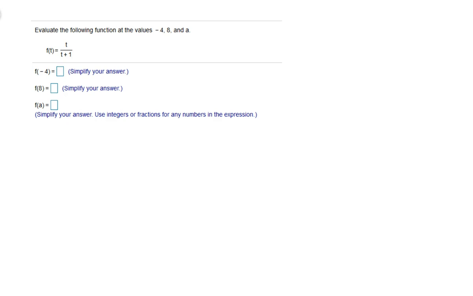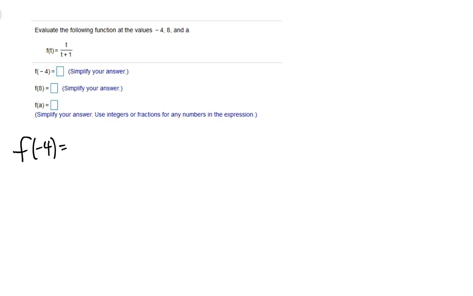Our first question says, evaluate the following function at the values -4, 8, and a, with our function f of t being t over t plus 1. So we'll start off by evaluating the function at the first value of -4, which means that we're finding f of -4.